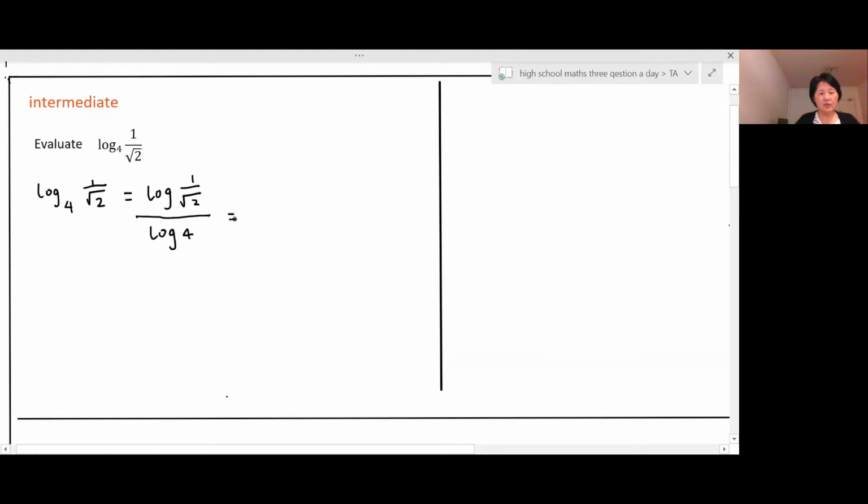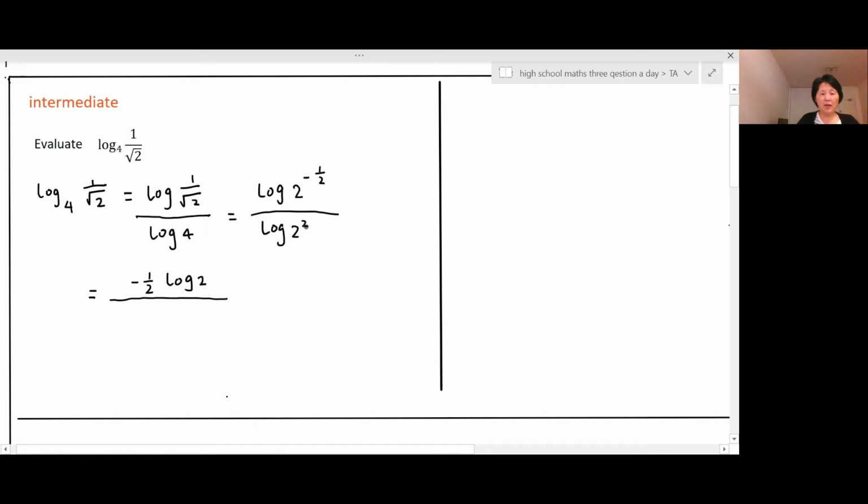The top is a log, and this is 2 to the power minus half. The bottom is a log, and this 4 is 2 to the power 2. Then the power I can move to the front, so the minus half times log 2.